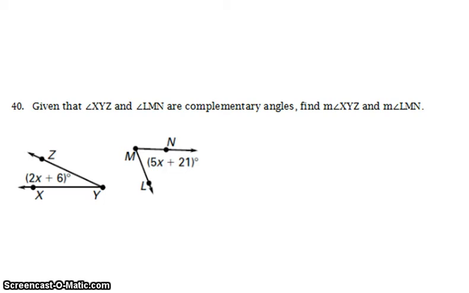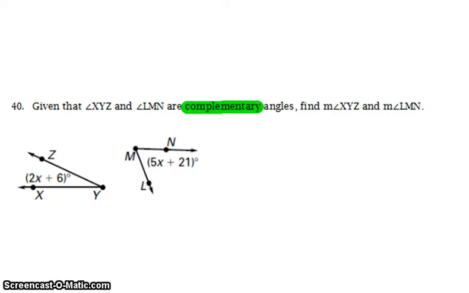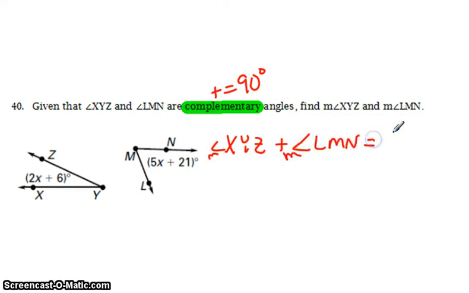Number 40 says, given that angle XYZ and LMN are complementary, it's a key word, find the measure of XYZ and the measure of LMN. Well, remember, complementary is the fancy way of saying they add to be 90 degrees. Well, I do not know what angle XYZ equals, but I know if I add it to the measure of LMN, they should equal 90 degrees.